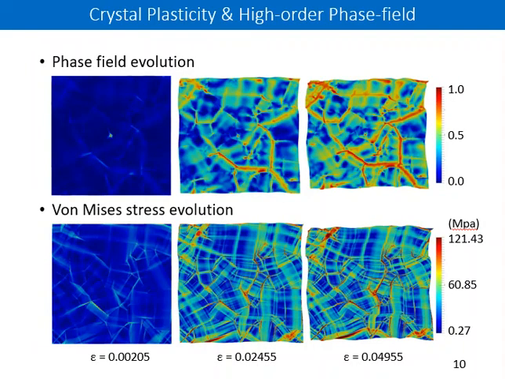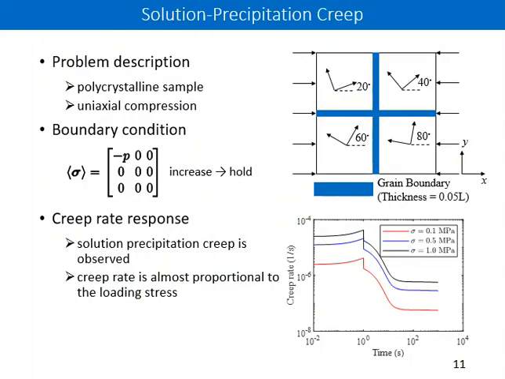This is the phase field distribution and the von Mises stress distribution within the domain. The material heterogeneity and the fracture anisotropy have a strong influence on the crack pattern within the domain. We further designed a numerical experiment to observe the solution-precipitation creep.